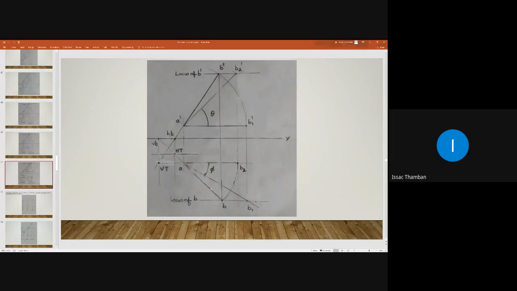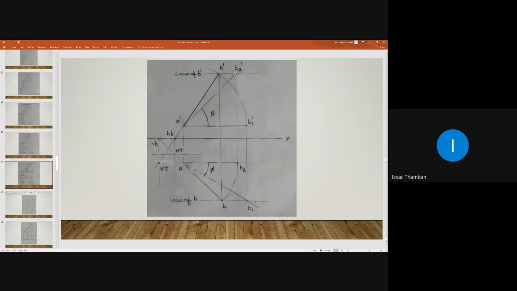If you are making line AB parallel to VP, then what will happen to point B dash? Point B dash will move along the locus line. Let us locate the position of B2 dash. For locating B2 dash, draw a vertical projector from B2 like this. This projector intersects the locus of B dash line here.